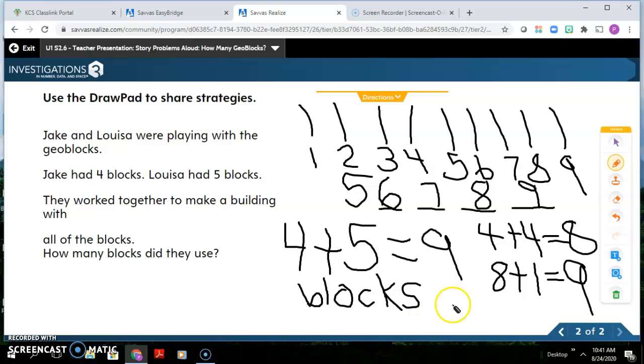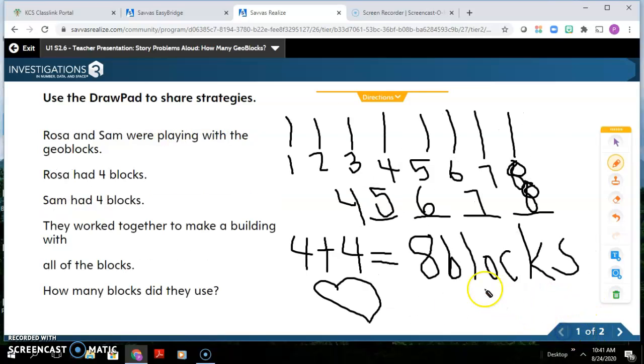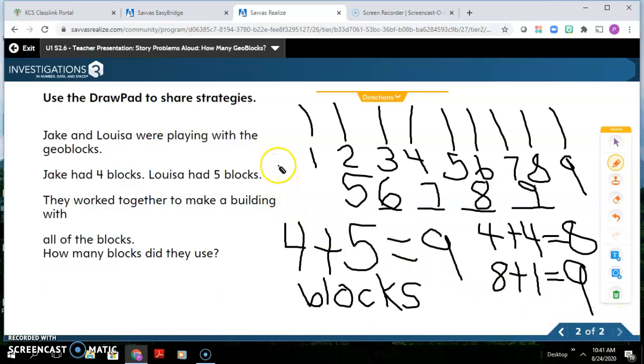So let's go back and review. Let's go back and look at number 1. We did the strategy of counting all. We did the strategy of counting on. Or you might just know it in your heart that 4 plus 4 equals 8. All right, and then with the second problem, we used the strategy of counting all.